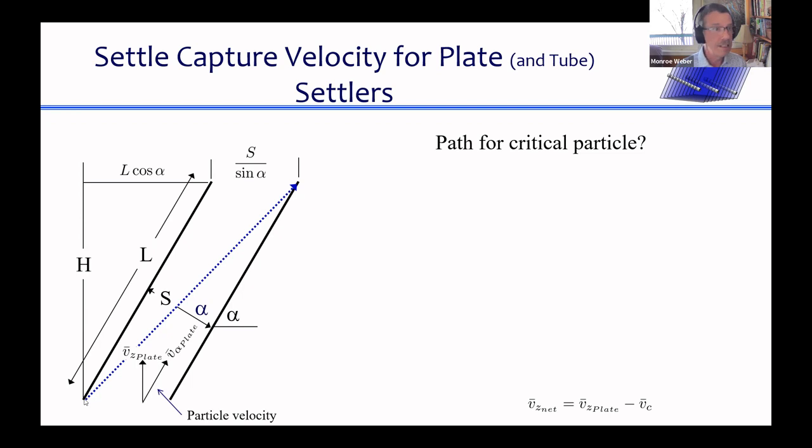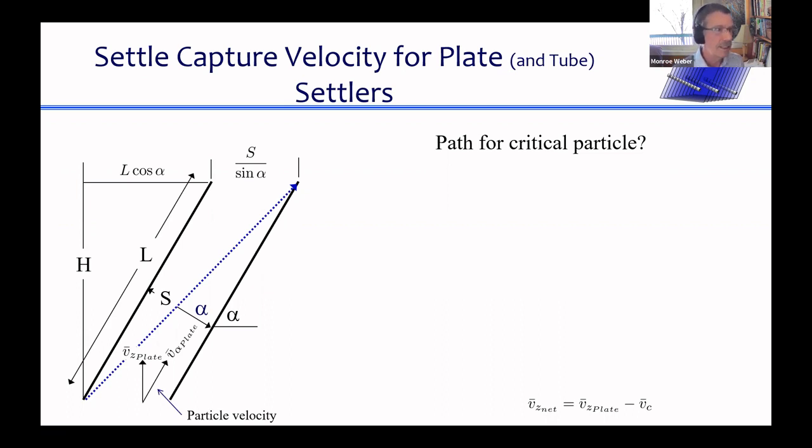Do you see this? S over sine alpha, this opening at the bottom of the plates, is actually bigger than S. And at the bottom is where the water is entering vertically, and then it takes a turn, and in order for that same flow rate, because the area is less as it's going up at the angle, the velocity had to increase.